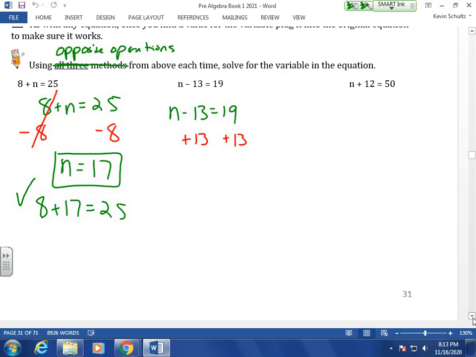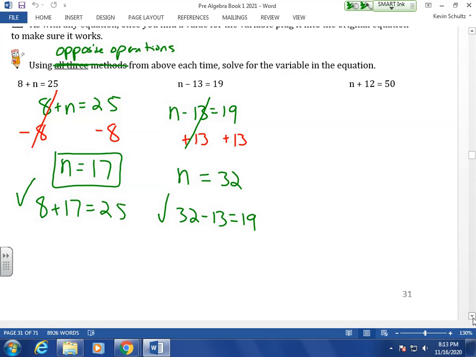Negative 13 plus 13 gives us 0. They cancel out. n is by itself. And 19 plus 13 is 32. Check. Does 32 minus 13 equal 19? Yes, it does. So life is good.